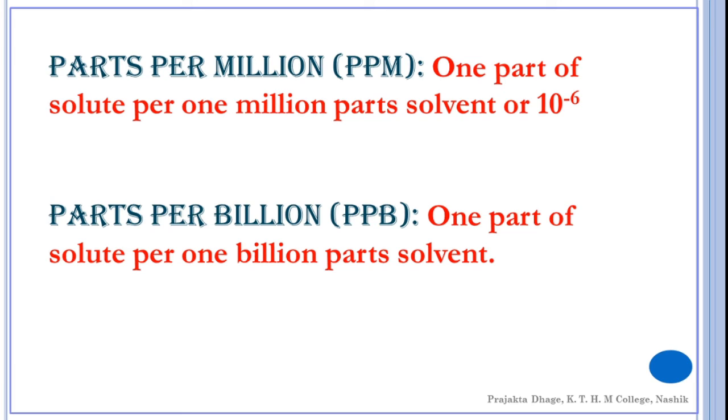Usually, this describes the concentration of something in water or soil. 1 ppm is equivalent to 1 milligram of something per liter of water, or 1 milligram of something per kilogram of soil. Clear?